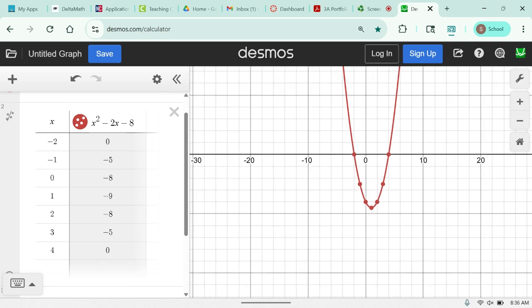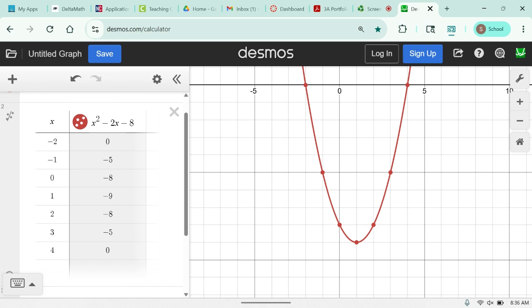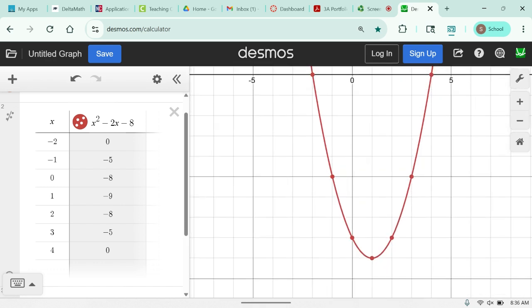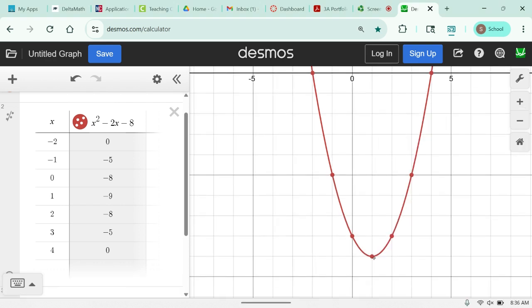It doesn't even have numbers anymore. So here's my question. We know we're increasing from the vertex, and then we go on to infinity. So what is the X value at which I start increasing?